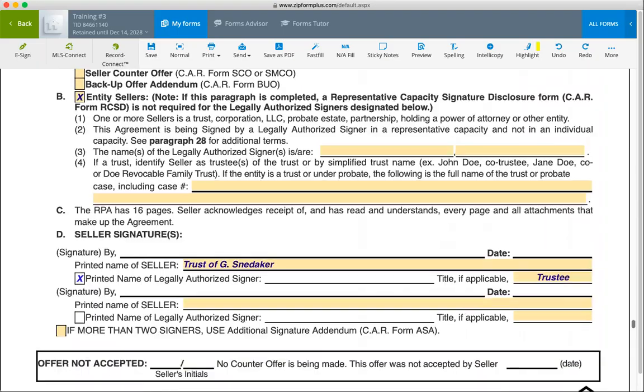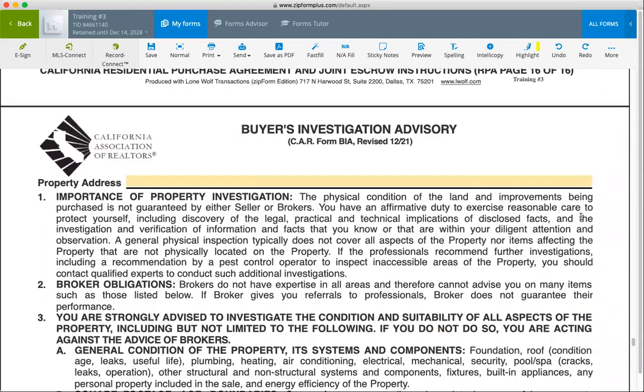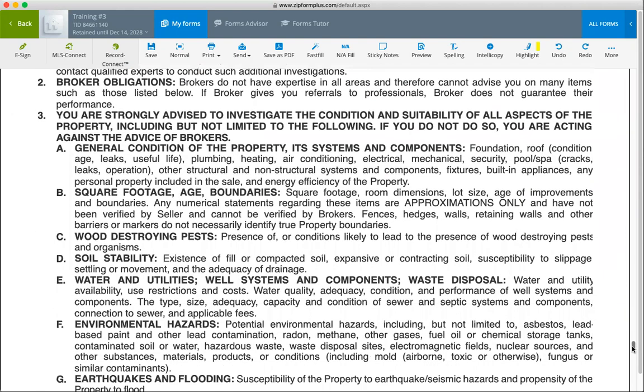Let's see down here. Okay. All right. The other forms that come behind the RPA are the buyer's investigation advisory. This is where we're telling the buyer, hey, you really should take a close look at the property. We strongly advise to investigate the conditions and suitability of all aspects of the property. Kind of has a CYA clause in here.